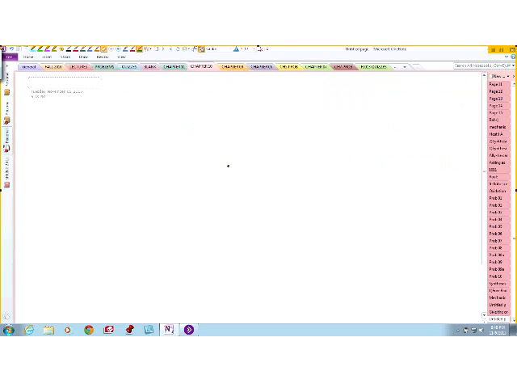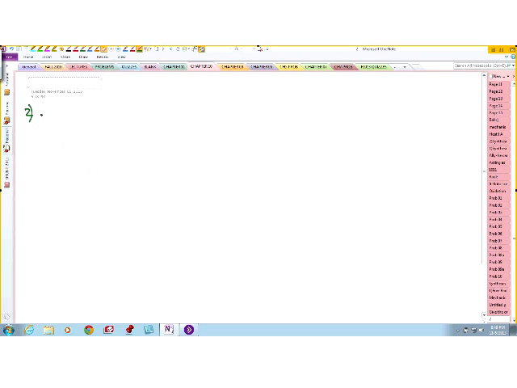Okay, so now we have dealt with the free radical substitution of hydrogen attached to an sp3 carbon using bromine or chlorine in the presence of light.